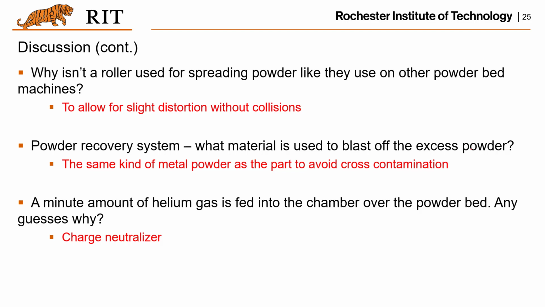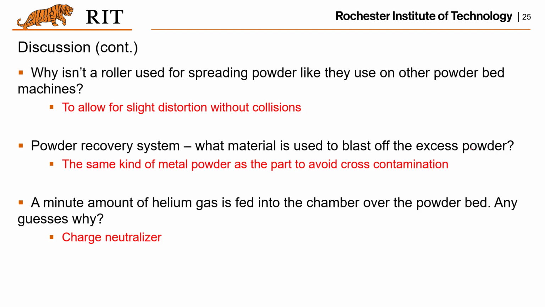Also, again, the spreading of powder using the blade is for allowing slight distortion without collision, because this blade is flexible and could be deflected. So when you need to blast off the excess powder, what's the material you want to use?